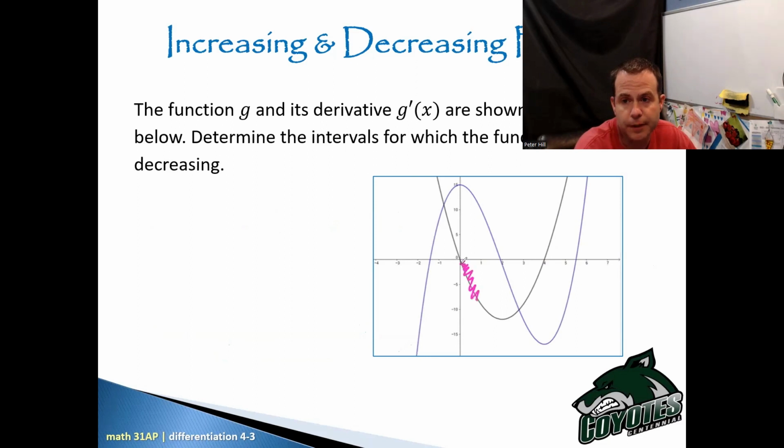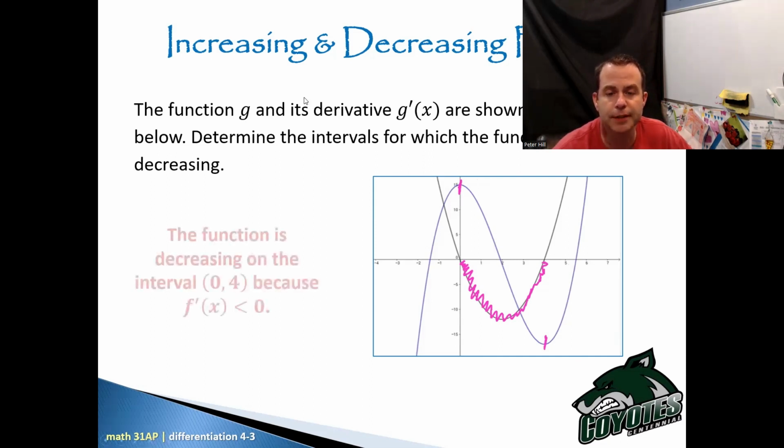So the derivative is negative here, which would be from 0 to 4. Okay, so see how when the derivative is negative, from 0 to 4, my function is decreasing that whole time. So the function is decreasing on the interval 0 to 4 because the derivative is negative.